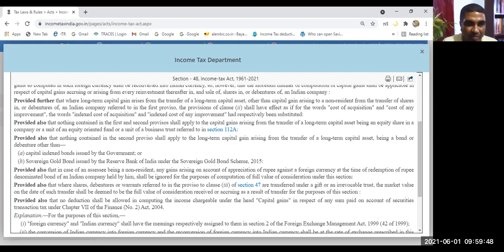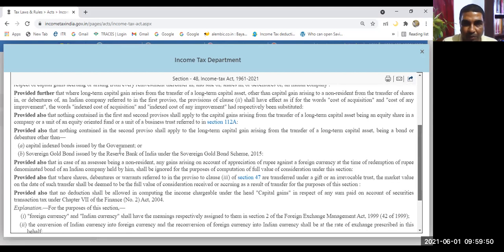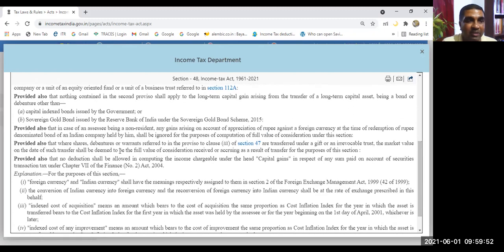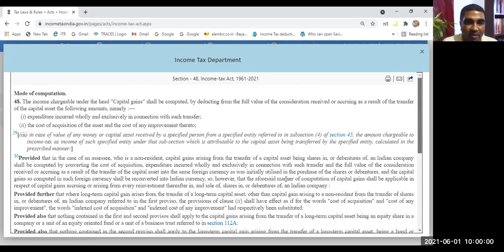That also we'll be learning. Okay. So there is a concept of indexed bond. All these things you'll be learning in connection with section 48. Right. So I think you have an idea right now. And now I'll be showing you the slides.